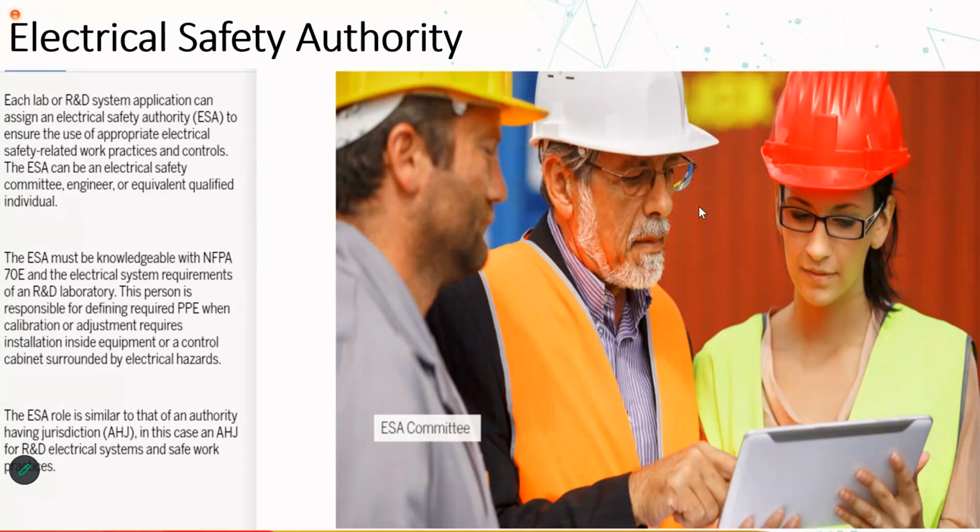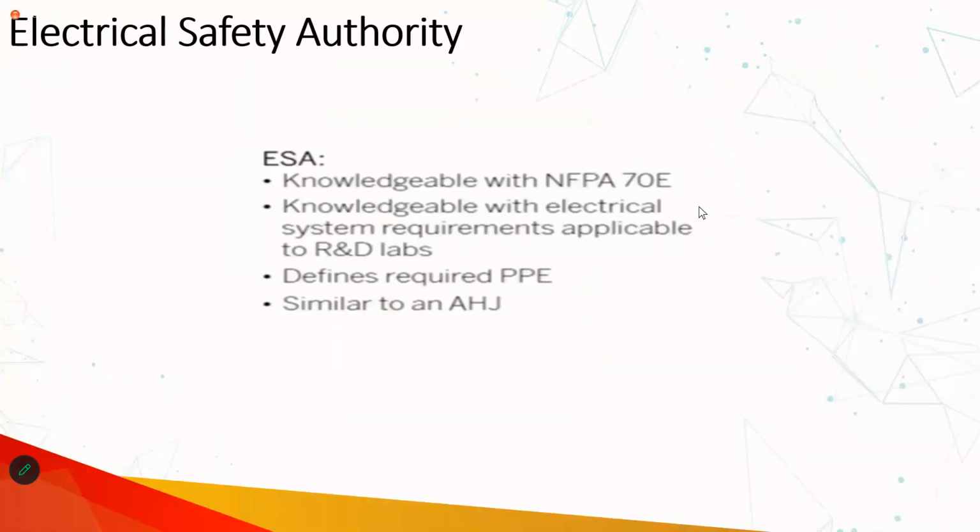But the AHJ, authority having jurisdiction, role is for industries. The ESA role is specifically for research and development laboratories. So ESA should be knowledgeable with NFPA 70 and the electrical system requirements applicable to research and development labs, define the required PPE, and be similar to an AHJ in some form.